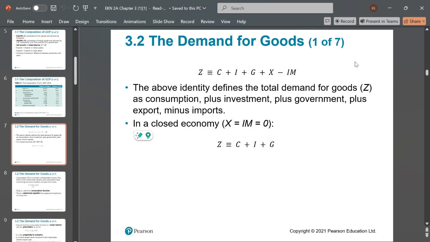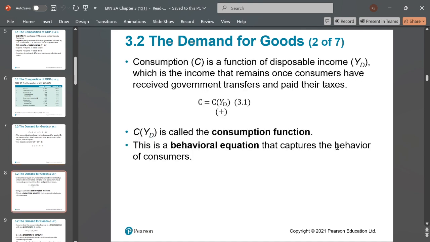But if they don't tell you that the economy is closed, then you would work with this. Consumption has its own calculation. It's a function of disposable income. I'll explain disposable income as the income that you get after taxes. So for example, let's say your parents bring home 20,000.